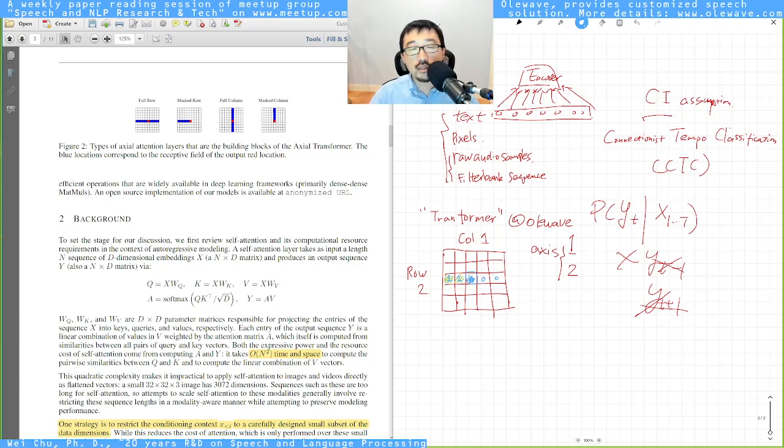And you can see that if you go to axis 1 or the column, you can also have this type of full column style axial attention. Pause the video and think about what value you should set at the red point.